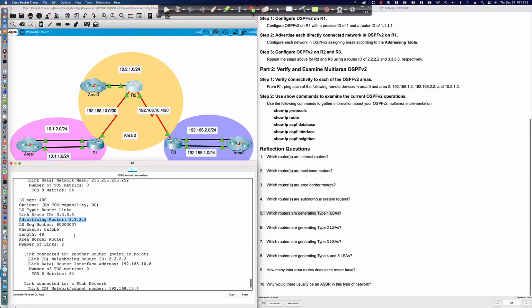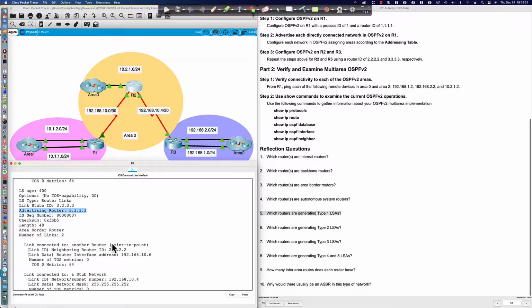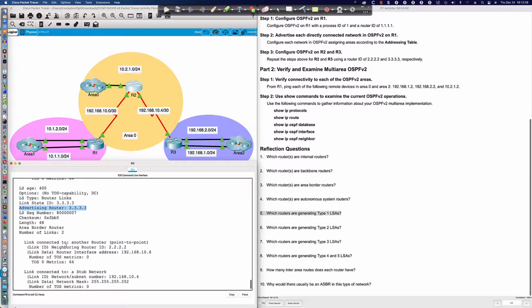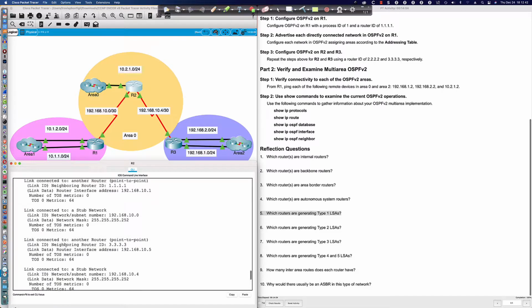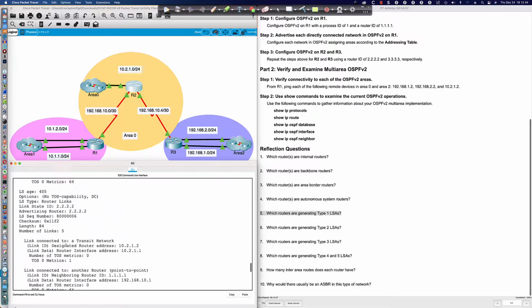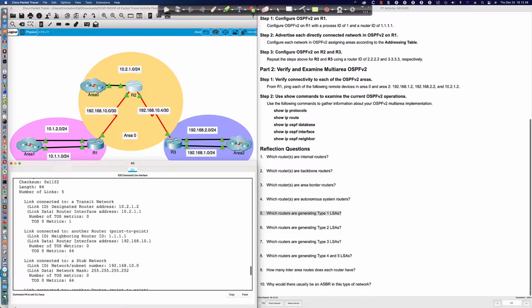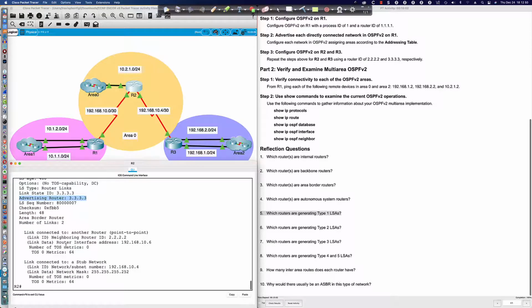So router 3 says, hey, I've got a link connected to another router, a point-to-point link. Hey, I'm connected to a stub network, the 192.168.4.10, right? And so you can see all of the links that are represented in each of the type 1 LSAs, and this is the link state database on router 2.